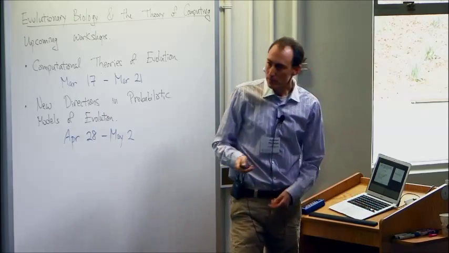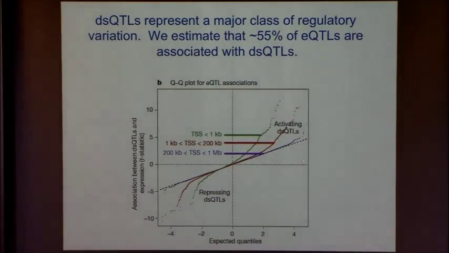So anyway, here's a QQ plot where what we're doing is taking dsQTLs and asking whether they're associated with expression of nearby genes, and you can see there's a tremendous amount of signal here. It's a two-sided QQ plot, because you can imagine on the right-hand side the allele that increases DNase I sensitivity is associated with increases in expression, and on the left-hand side increases in sensitivity go along with decreased expression.